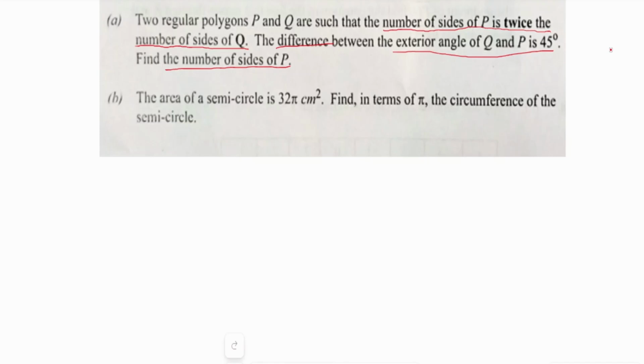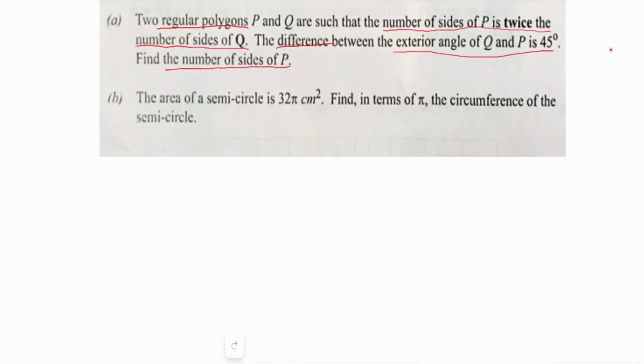But even before we do that, remember that the problem says that the polygons are regular polygons. So that is where I'll be starting from. Just as a reminder, regular polygons have equal angles and sides. Let's note that before we move on. So we start right with the first thing underlined, the number of sides.